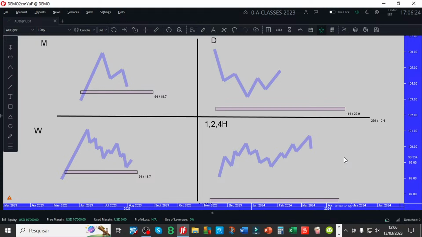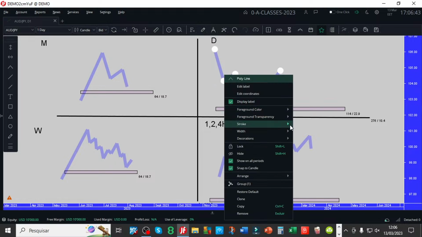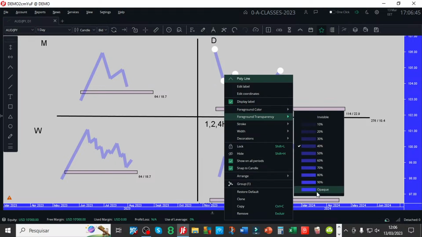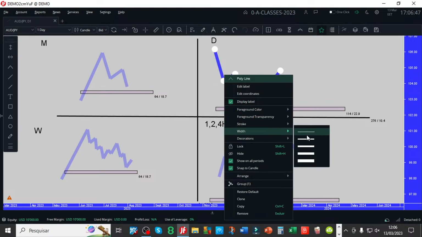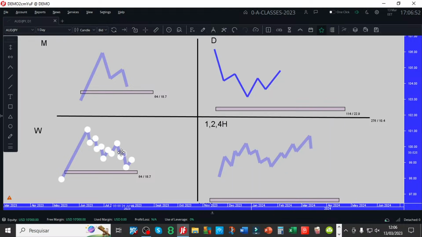Alright everybody, monthly, weekly, daily, 1 hour, 2 hour, 4 hour chart. Should you buy or should you sell the 1 hour, 2 hour, 4 hour chart, everybody? Let me do something like this and like this. And this one too.